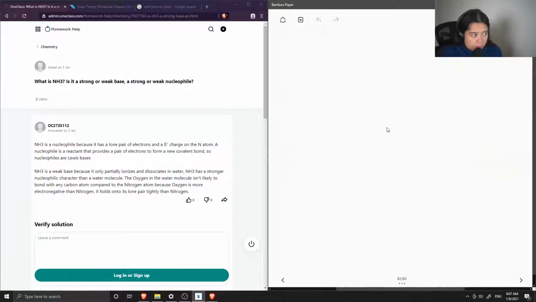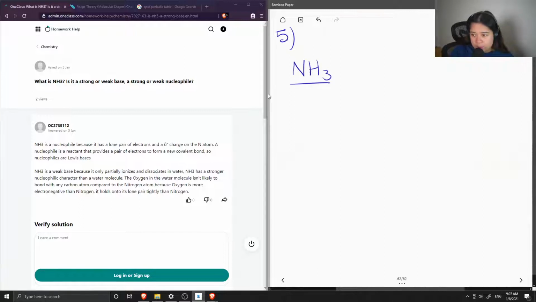Okay, so question number 5. What is NH3? Is it a strong or weak base, a strong or weak nucleophile? Okay, so first let's draw out the Lewis structure for NH3. And to write out the Lewis structure, we need to calculate the total number of valence electrons.